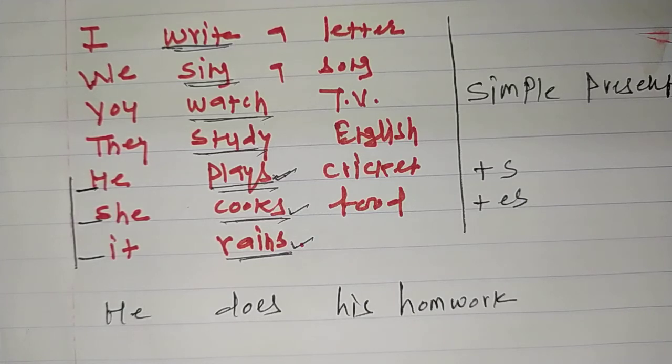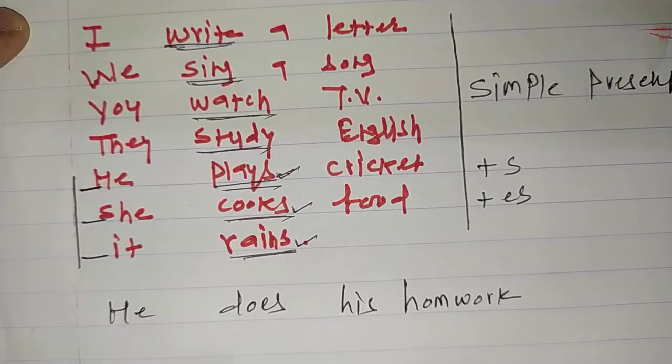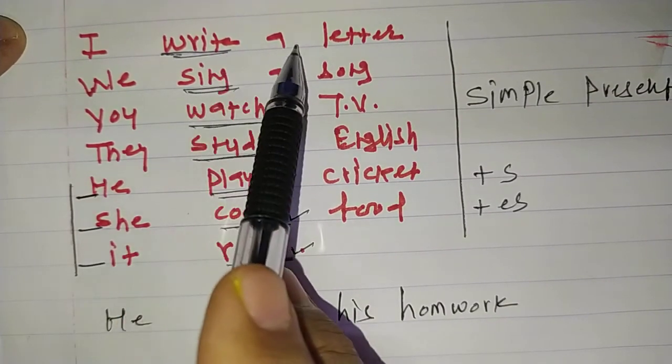Is it clear now? Now, these sentences we will turn into simple past. What is the one thing you should remember? Whatever verbs I have underlined, you have to turn the same verb into second form. For example, what is the first sentence? I write a letter.